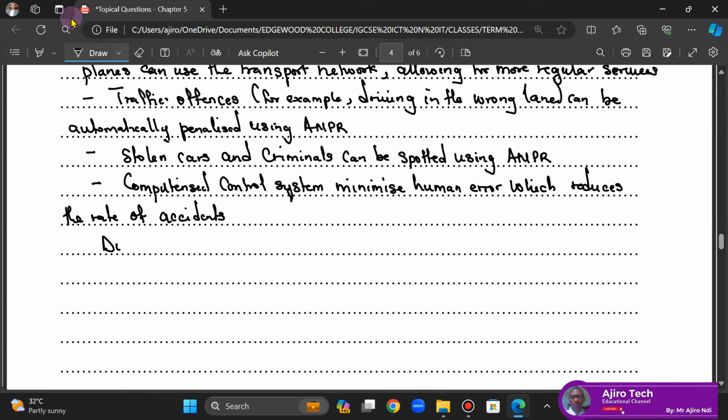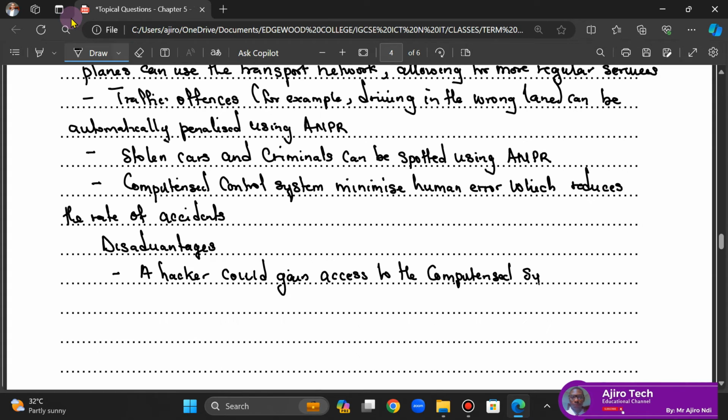For disadvantages, a hacker could gain access to the computerized system because it's over the internet and cause disruption.